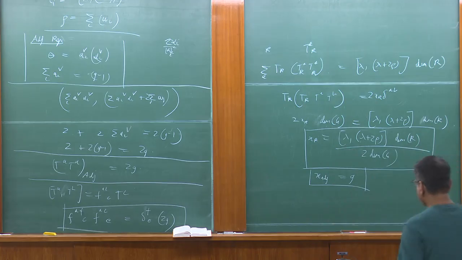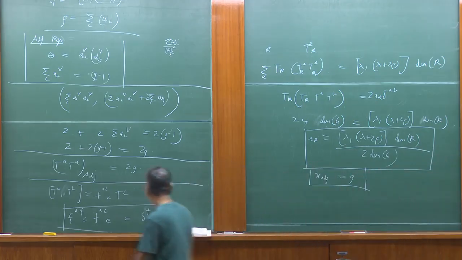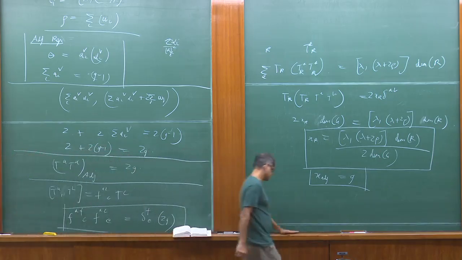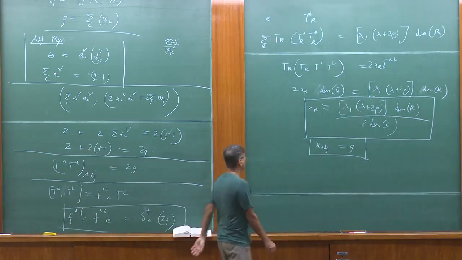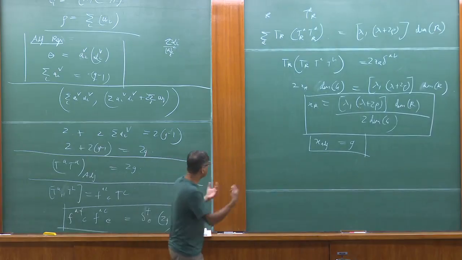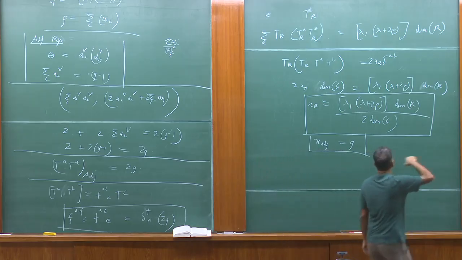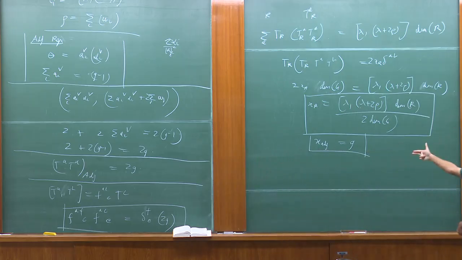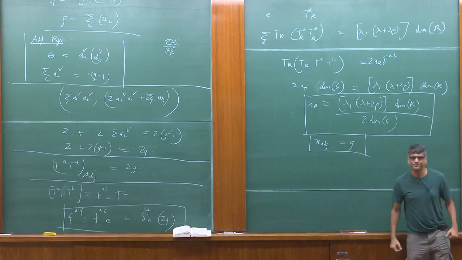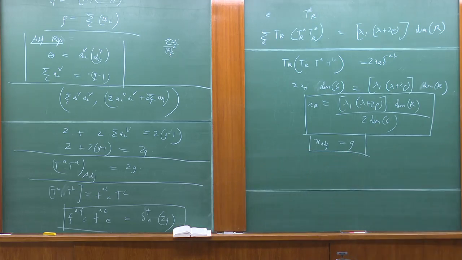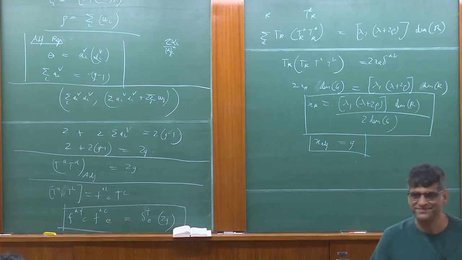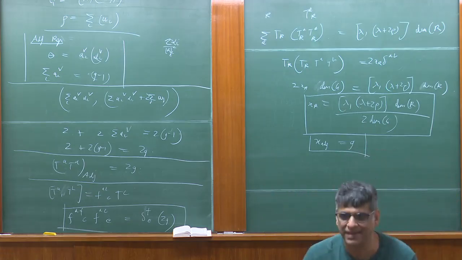And just for fun, if you want to work in a completely basis independent way, you can think of the index of the representation by G as being trace TATA, as being Casimir times dimension in representation divided by the same thing in adjoint.